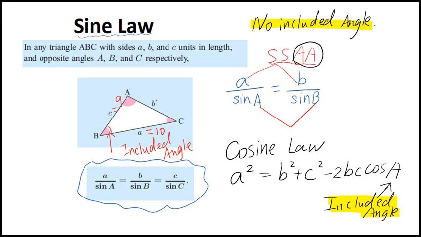Since for this side we don't know, therefore this C is not an included angle. When you're working on any triangle, it's very important to decide which law you have to use.